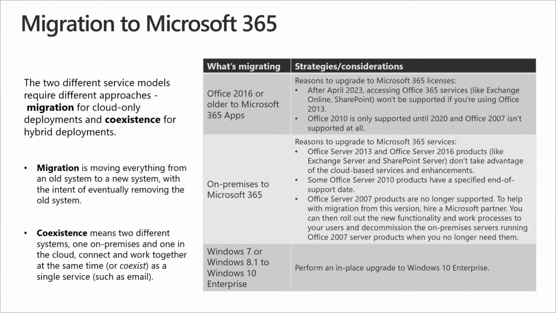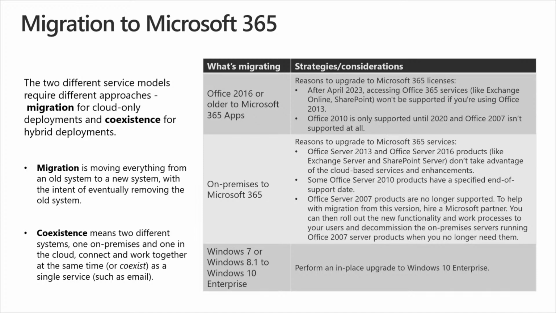Migrating to 365 usually implies that you've already been using a certain version of Office. You may be using Office 2007, Office 2010, or 2013, and looking to move to a newer version. So you've got some considerations here why you might need to upgrade, primarily because these products become outdated and no longer supported.